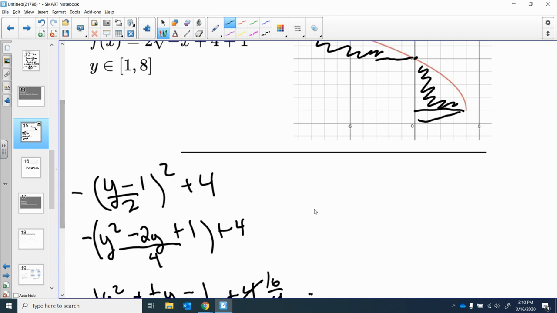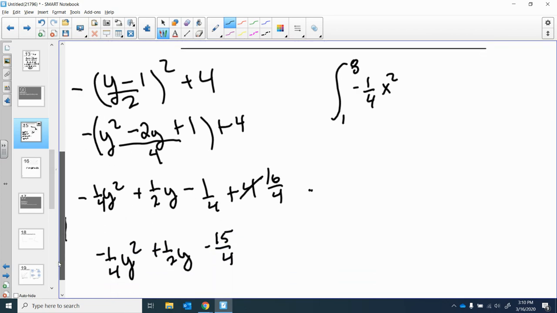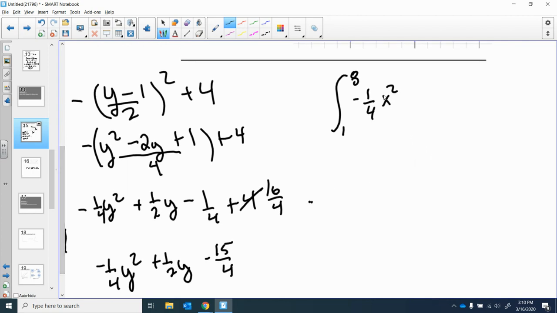So I want to say, okay, the integral from 1 to 8 of negative a quarter y squared plus 1/2 y plus 15 over 4. I'm going to integrate with respect to y.